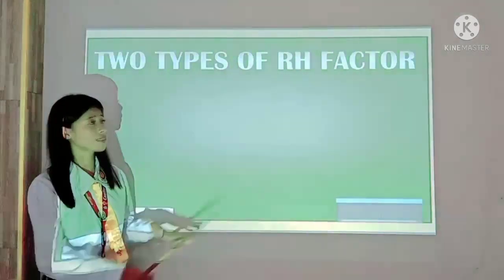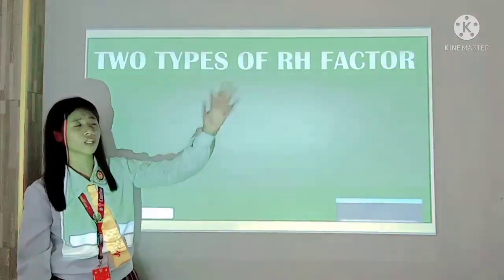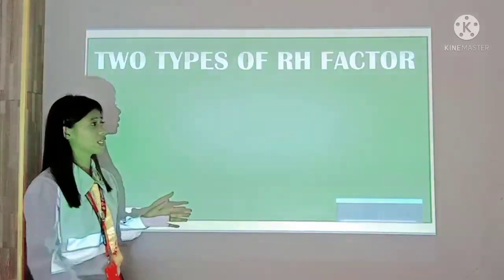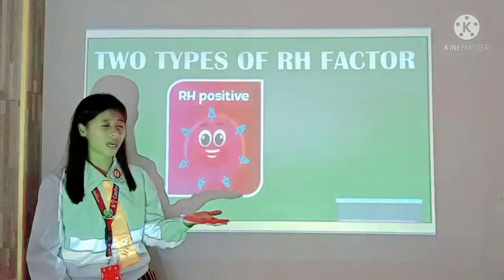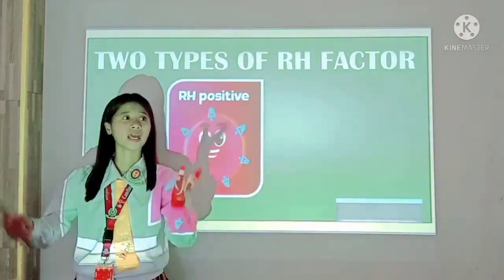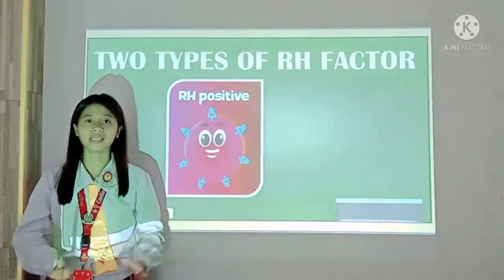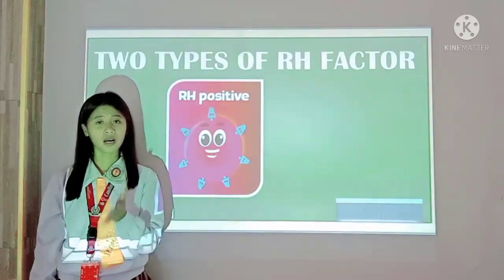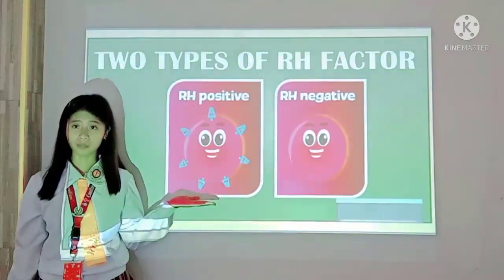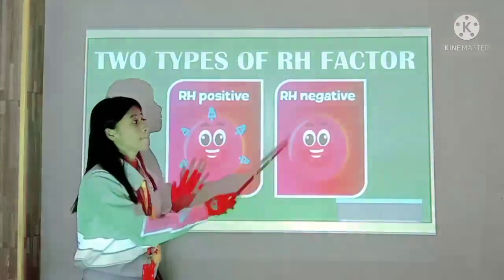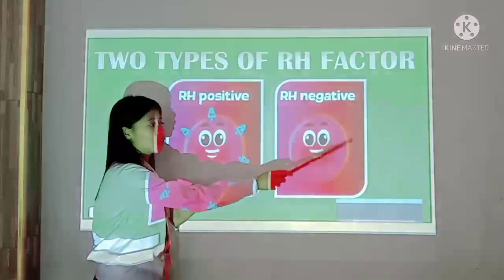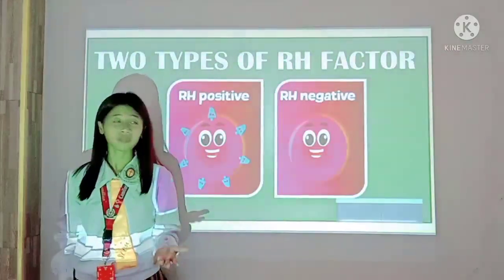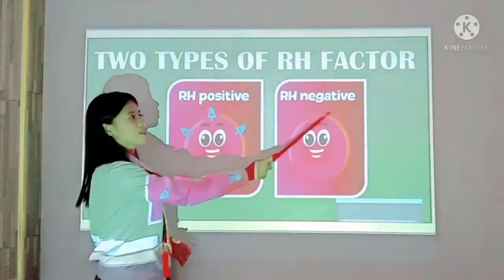Kapag meron kang positive sign beside your blood, basically, you are Rh positive. Pag wala ka namang Rh factor on the surface of your blood, of course, basically, you are Rh negative.